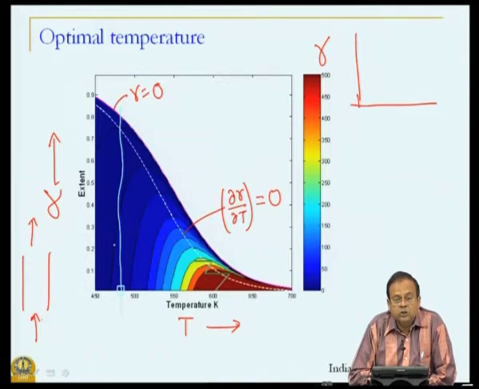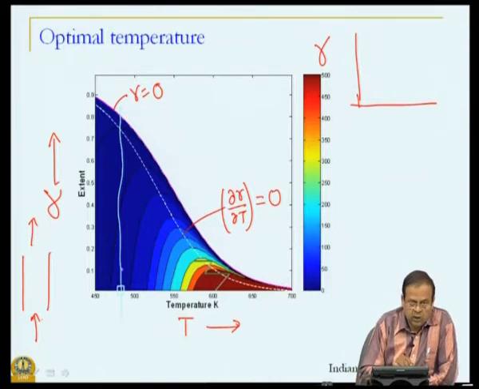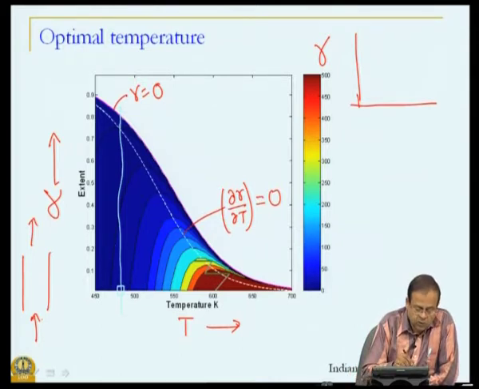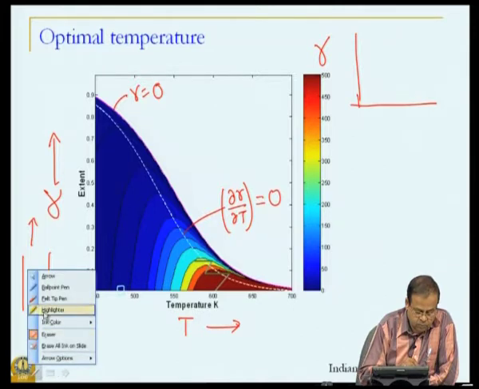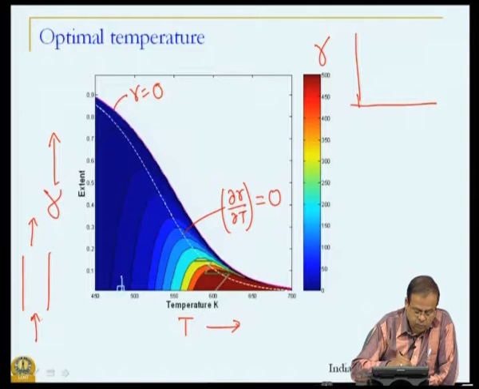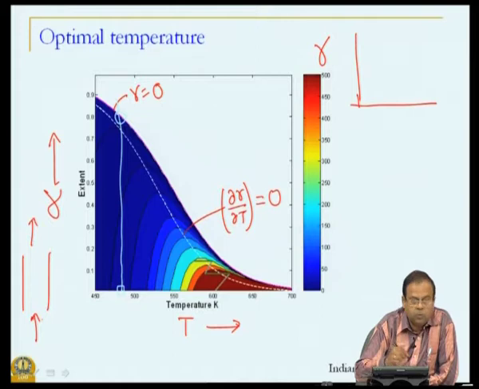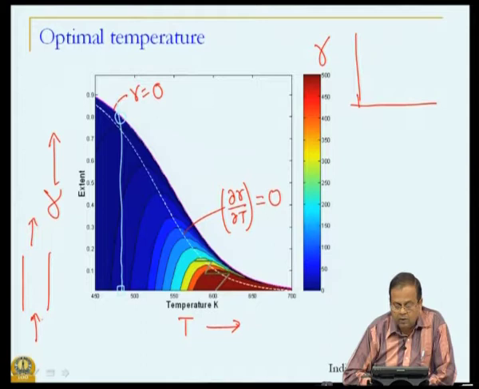What is that maximum extent for this particular reaction carried out at this temperature? It is this point, because sorry, not that point. It is this particular point when R is equal to 0, because we can't have our extent higher than that.